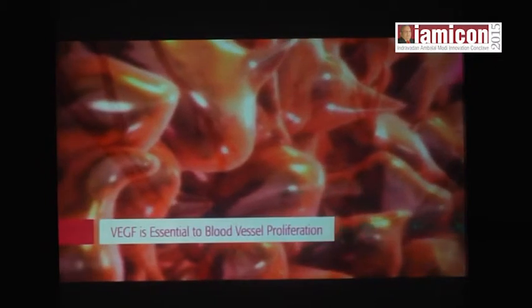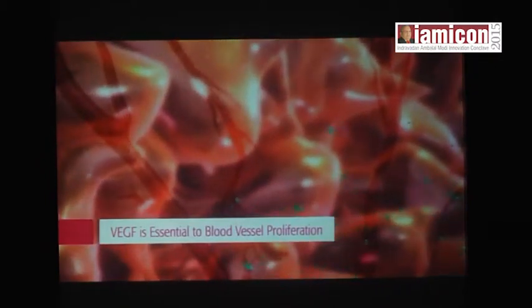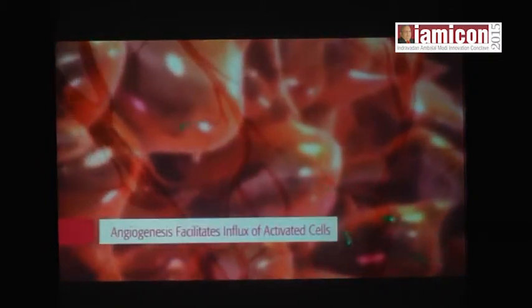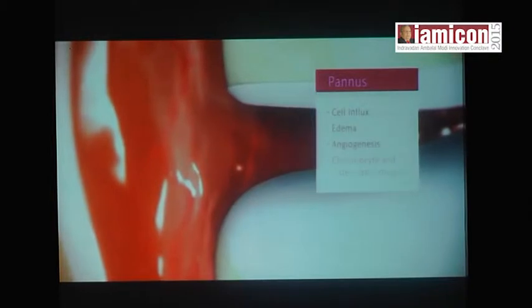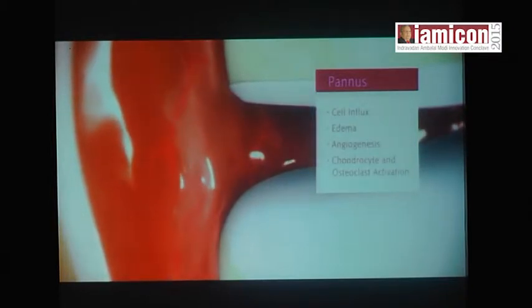VEGF is essential to the process of blood vessel proliferation, or angiogenesis, which facilitates an influx of activated cells. These cells contribute to the growth of pannus and sustain the inflammatory cycle.